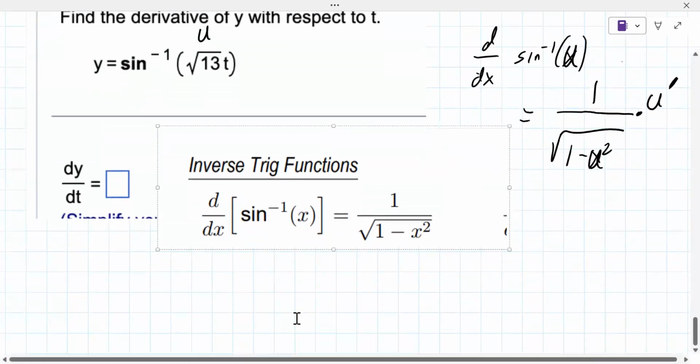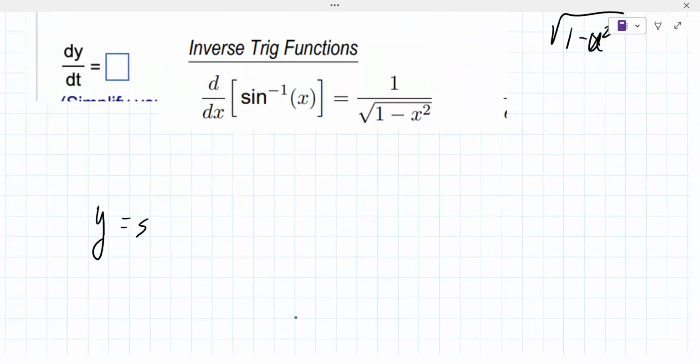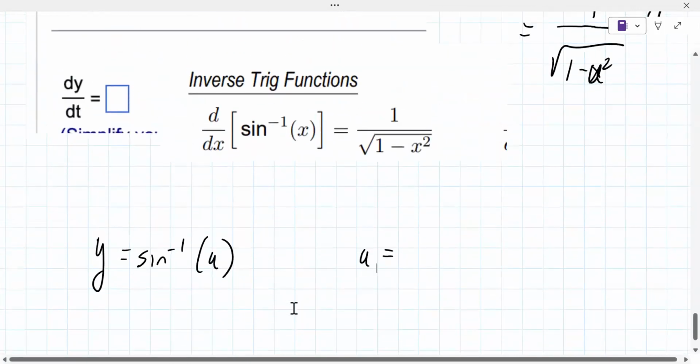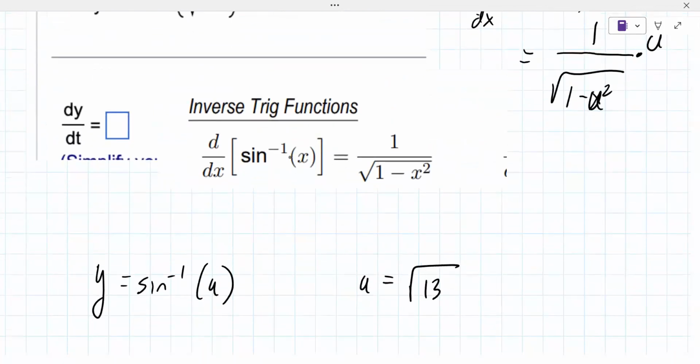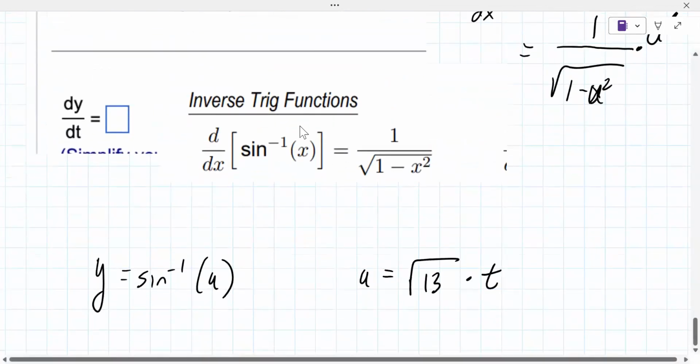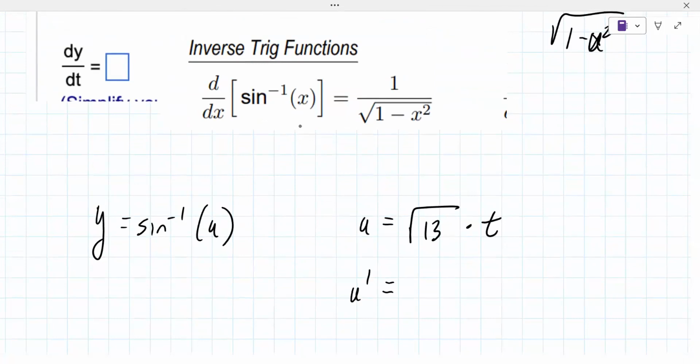In your problem here, y equals sine inverse u, and u is the square root of 13 times t. This is very deceptive. The derivative u prime here is actually just the square root of 13.